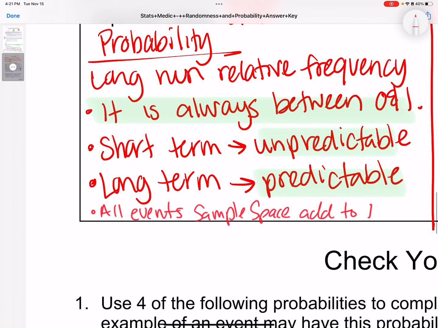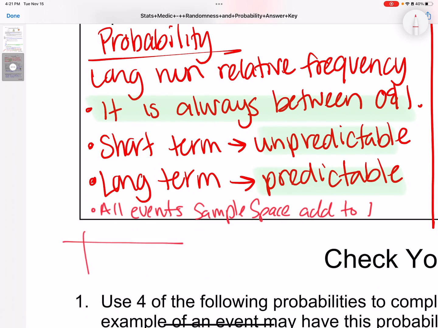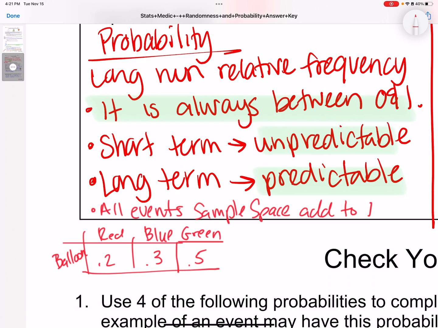So if I have the probability of, let's say, a balloon, I don't know, and let's say the balloon is going to be whether I choose red or blue or green. Let's say that those are the 3 choices, and I think there's a 20% probability someone chooses red, a 30% that they choose blue, and a 50% that they choose green.